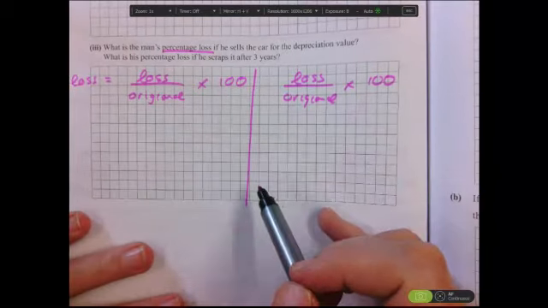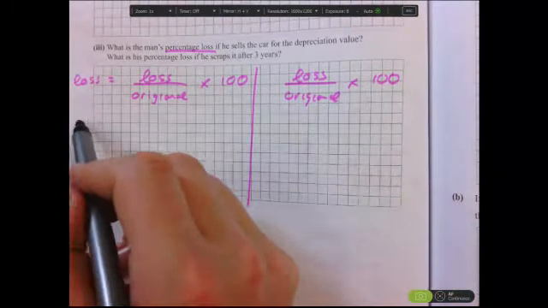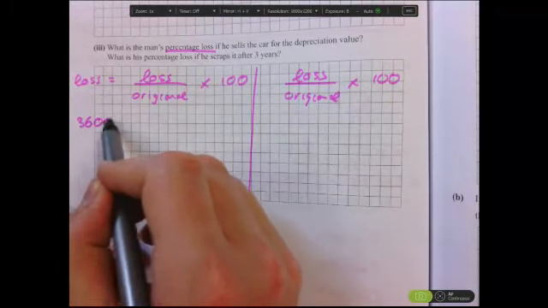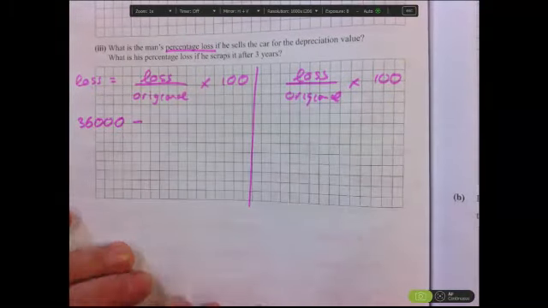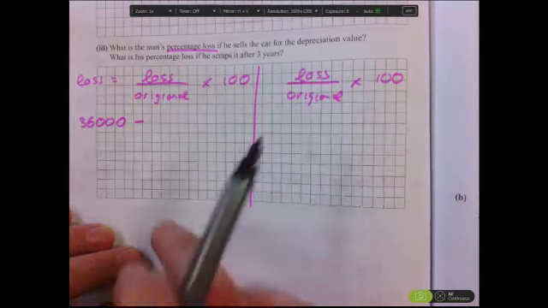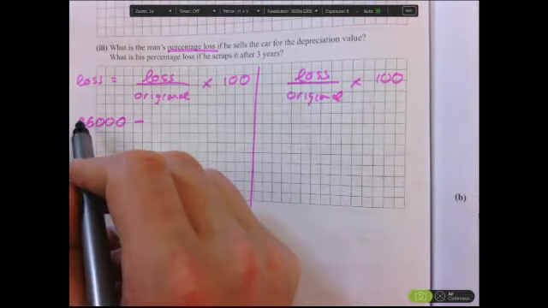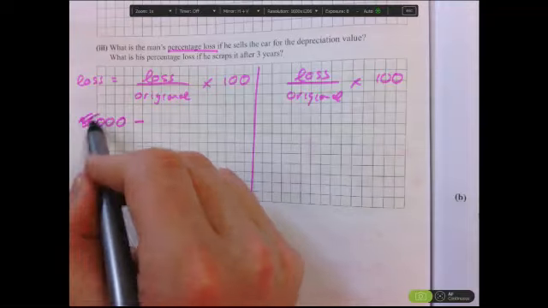Let's deal with the depreciation value first of all. The value of the car was 36,000 euros, and we're just going to take our figure from earlier on, which was 18,432. Oh, sorry, my apologies.